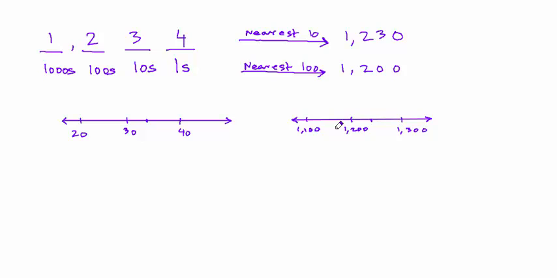Okay, so how do you do this without drawing these number lines? You look at the number that you want to round. So you want to round to the nearest 10, you look at the tens place. That's a 3. Everything to the left of that digit stays the same. So you have 1, 2. The next digit after this one actually determines whether this is going to be a 3 or a 4. If the next digit is 5 or more, the 3 is rounded up to a 4.